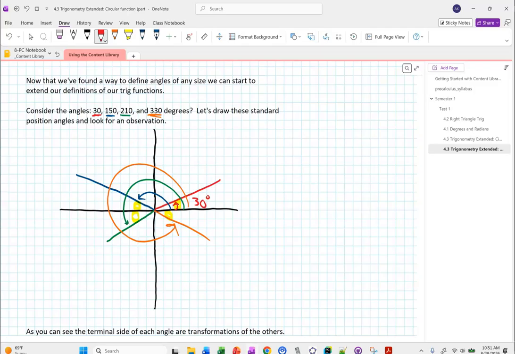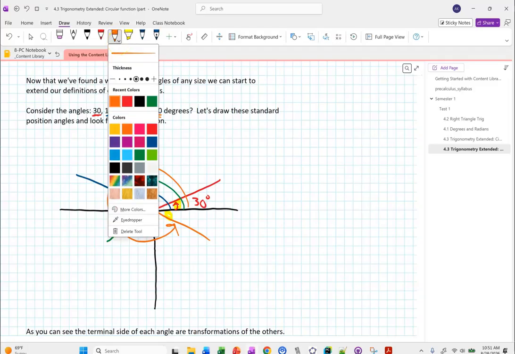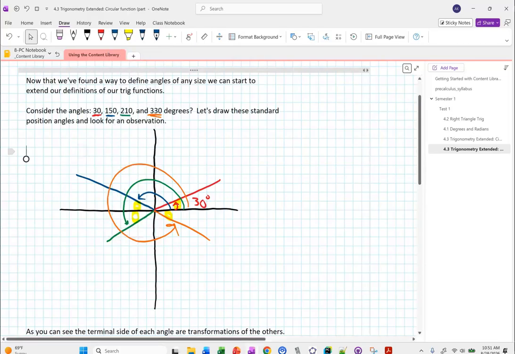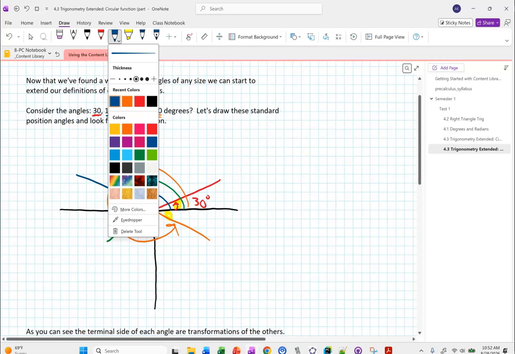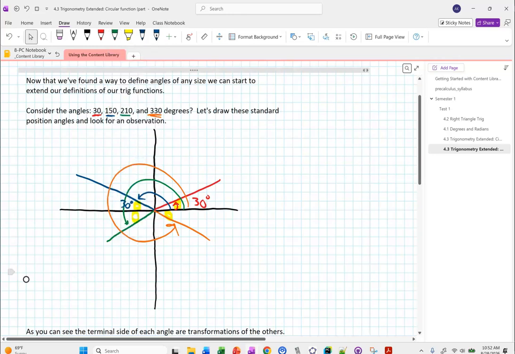If I look at the 150, I did 90, 60, and then what's left down here underneath the terminal side, between the x-axis? 30 degrees, because 90, 60, and 30 more makes 180. How about between the x-axis and the green angle? Also 30. And the x-axis and the orange angle? 30.